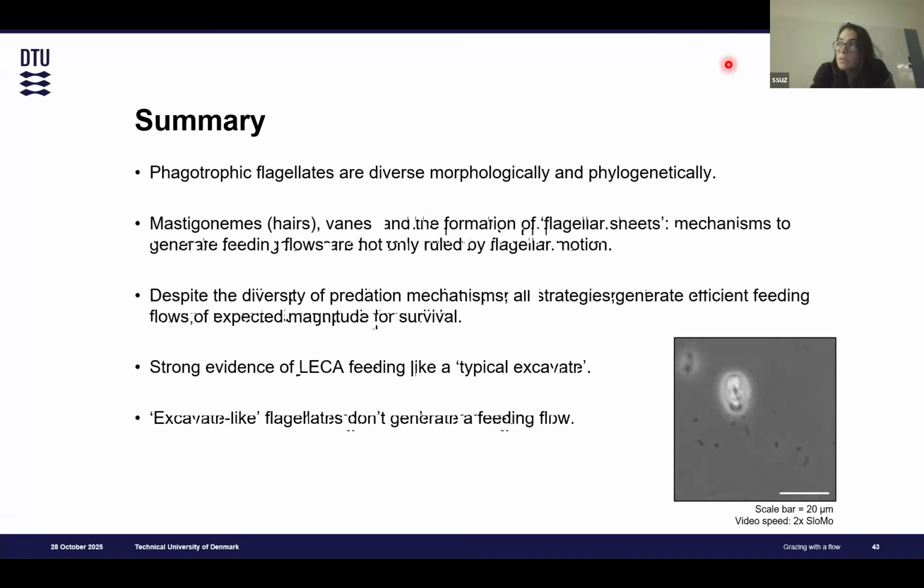As a trade-off, going back to the swimming, it is known that they're able to produce more force swimming than when attached. So they would be more efficient capturing prey while swimming.